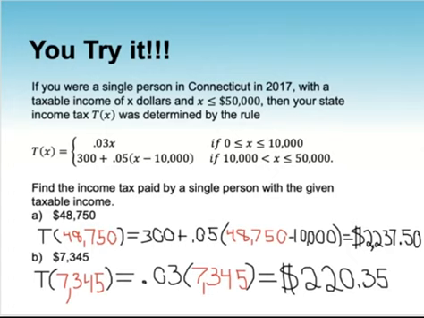So $220.35. That's how much income tax a person who makes $7,345 a year can expect to pay.